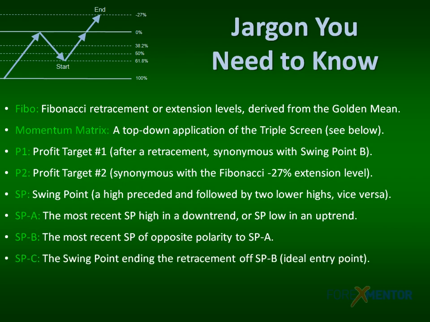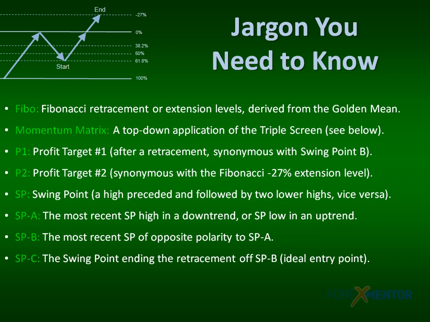SPC is in some respects the most important of the 3 in our 3-point retracement paradigm. Swing point C marks the end of the counter trend retracement after the market has moved off of swing point B. Swing point C, once it's complete, represents the ideal entry point.